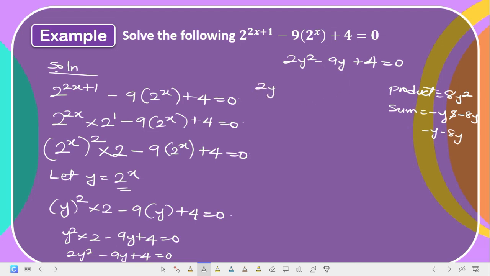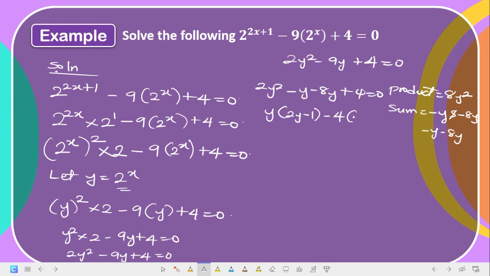So this becomes 2y squared, in place of minus 9y, we put minus y minus 8y, plus 4 equal to 0. Now what is common between these two? y is common. So this becomes y bracket 2y minus 1, minus, then what is common between these two? Minus 4 is common.